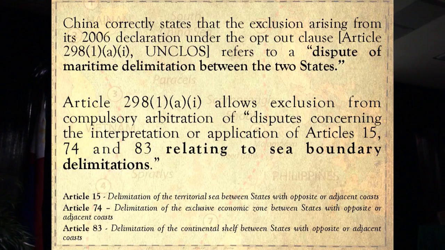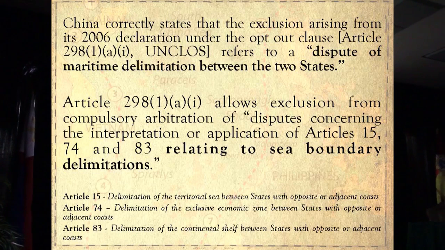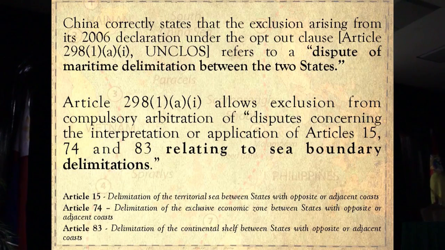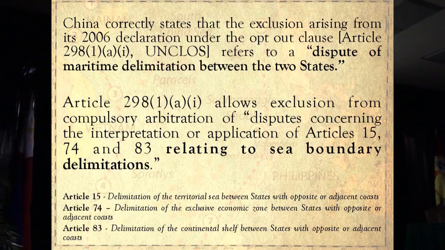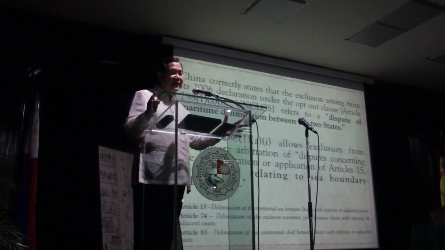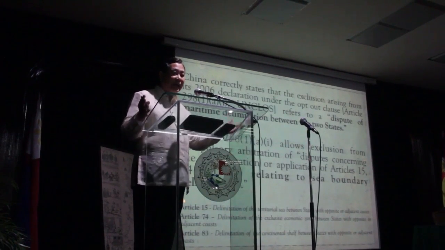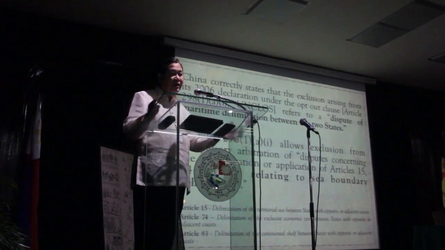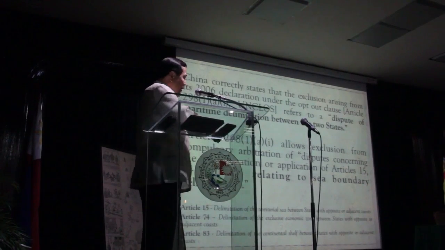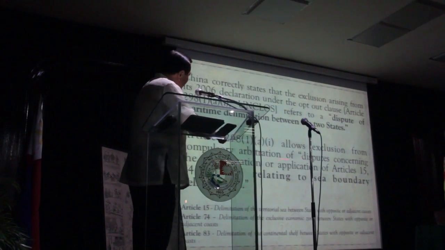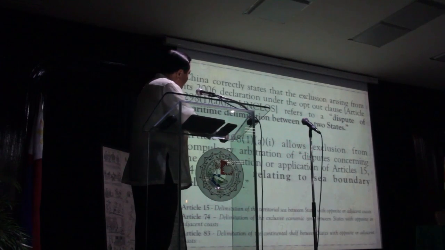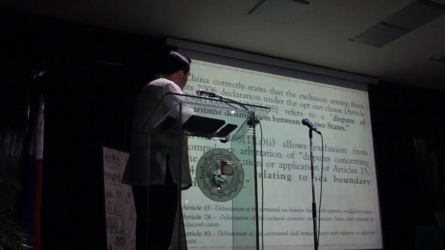However, what we filed is not about maritime delimitation. We are not asking that. We're not saying that there is an overlap between the territorial sea, the EEZ or continental shelf of China and the Philippines. This is the provision.